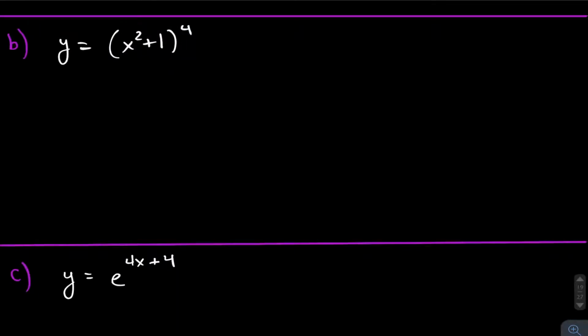Well, it's a little bit harder to see what the inside function is, or sorry, what the outside function is. Maybe here's a better way of viewing it. I hope if this confuses you, just forget this completely. But you can say let b equal x squared plus 1. If you let b equal x squared plus 1, then you just have b to the 4th power.